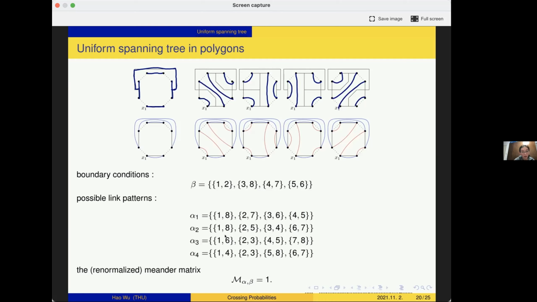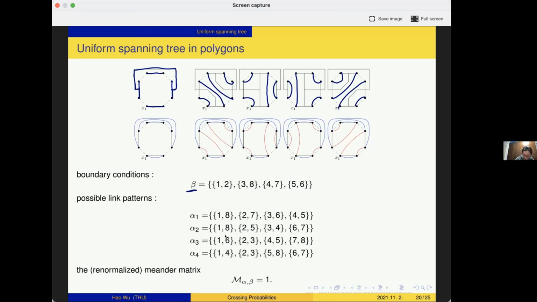And now the question is how we encode the external boundary condition and the inside connectivity of these Peano curves. So we want to encode both by planar link patterns. Here we say that the boundary condition is beta, a planar link pattern. It gives us a pair partition between the 8 marked points from the outside.